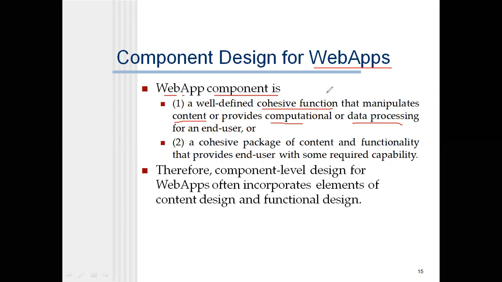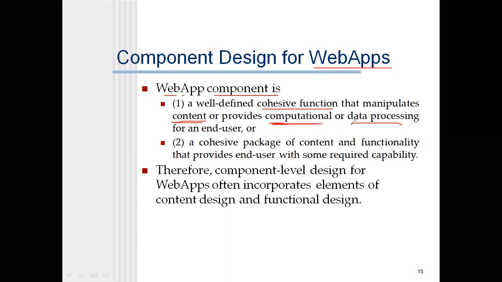So those attributes and those operations are used to manipulate the content of a project. Or otherwise they may provide some computational functions. They may be used for some kind of functions, calculations, and we get results accordingly.